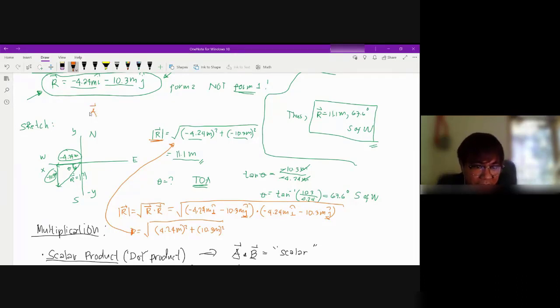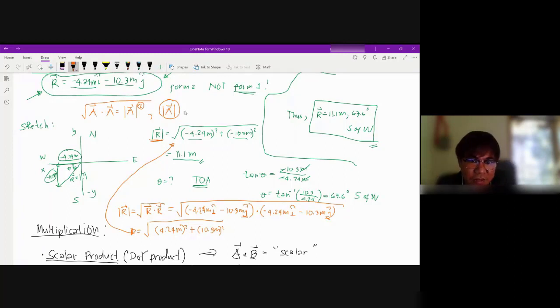For example, any vector A: A dot A is equal to this, by definition. Now, the magnitude of a vector is the square root of that, so you apply the square root to both sides.